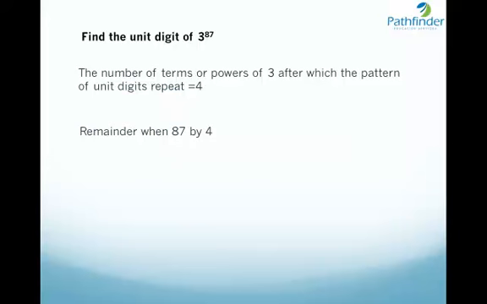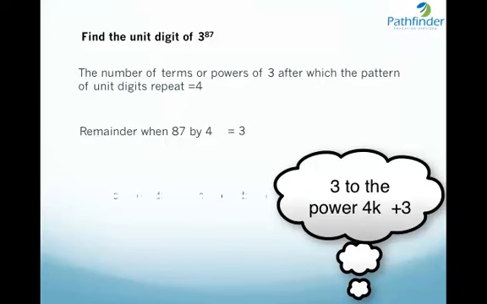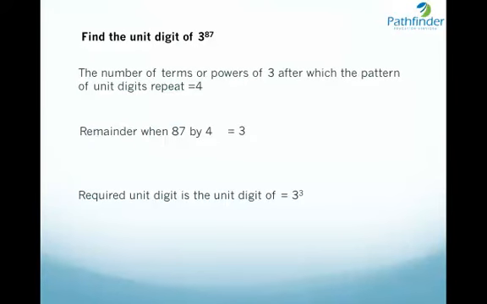So we have to divide the power 87 by 4, which yields a remainder of 3. Which means 3 to the power 87 can be written as 3 to the power 4k plus 3, and therefore the required unit digit is the unit digit of 3 to the power 3, which is equal to 7. 3 cubed is equal to 27, and the unit digit of 27 is 7, which is also the unit digit of the expansion of 3 to the power 87.